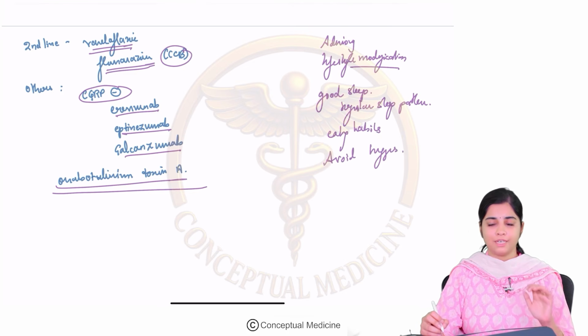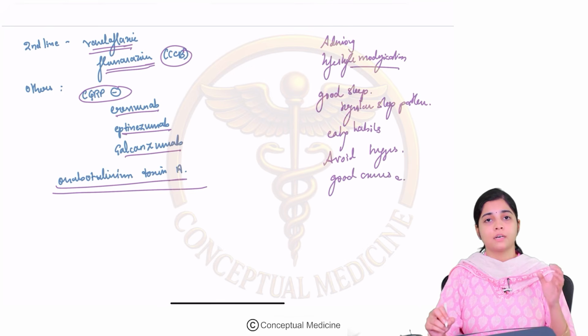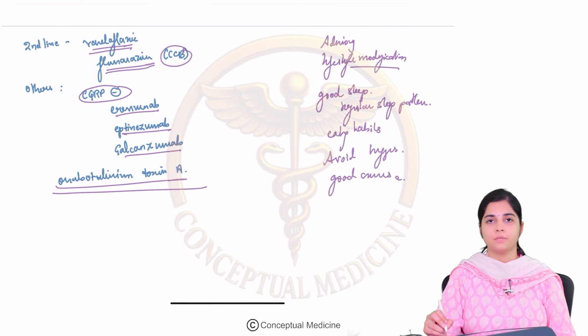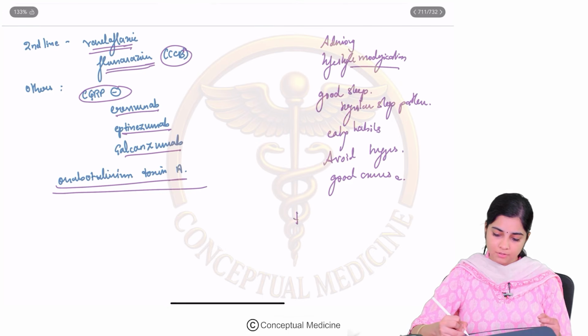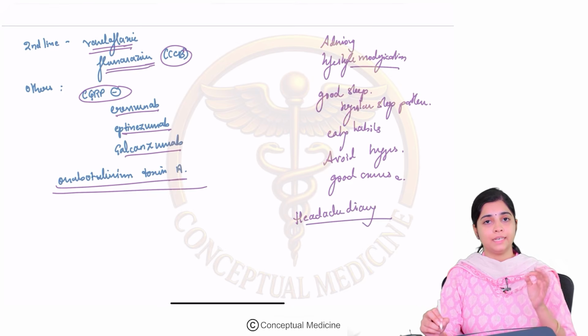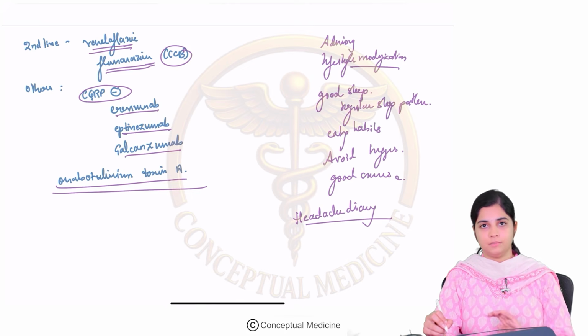So with effective lifestyle management, including good exercise, you can control migraine to a huge extent before initiating them on all of this pharmacological treatment that we have discussed. And you also teach them about maintaining a headache diary. What is a headache diary? You teach them to note down what type of headache, when it happened, how long it lasted, what the trigger was, and so on, right? So this is about migraine.